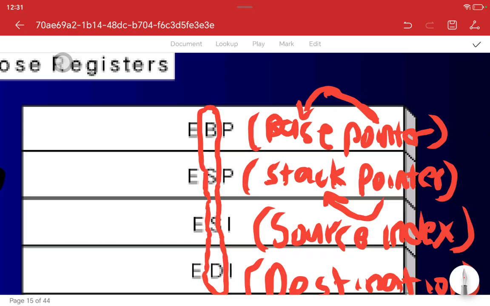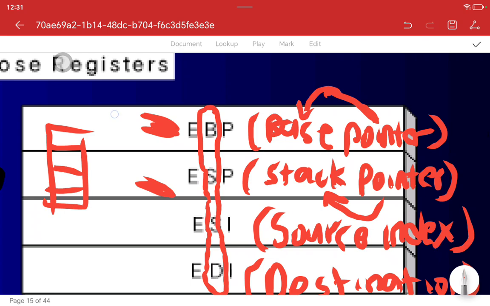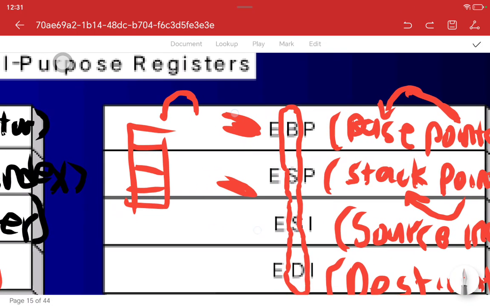This one points at the base, this one at the top. So if I have a certain frame, ESP will be pointing here, then the EBP will be pointing here. But usually here, we don't move in that direction. We usually move in this direction.